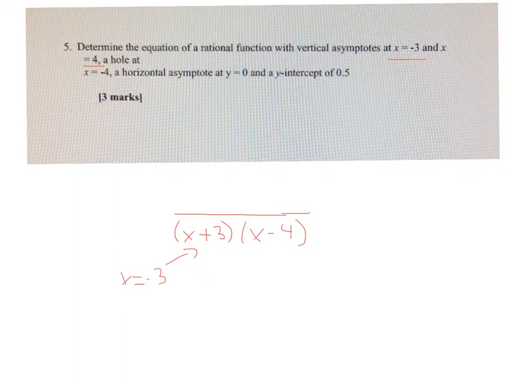Now, a hole is a little bit different. With a hole, it looks like an asymptote, so we would start with that in the bottom. But with a hole, we may be able to remove that discontinuity in the graph with a factor in the top that has that same factor.